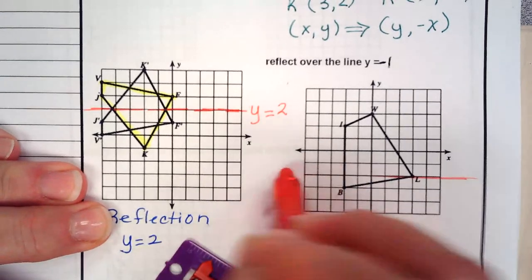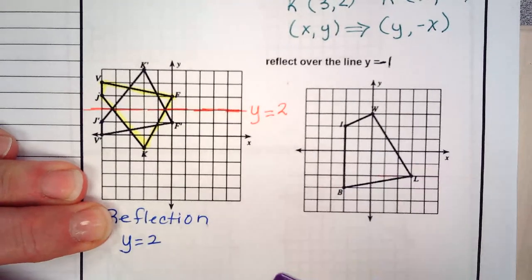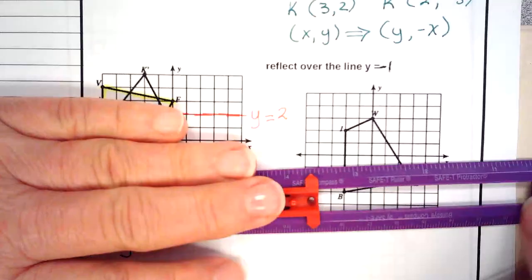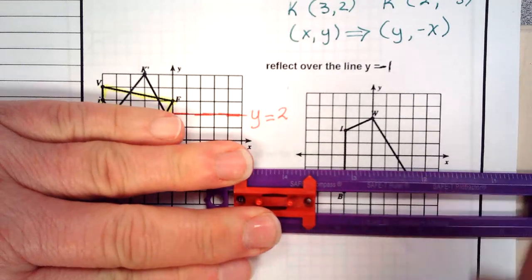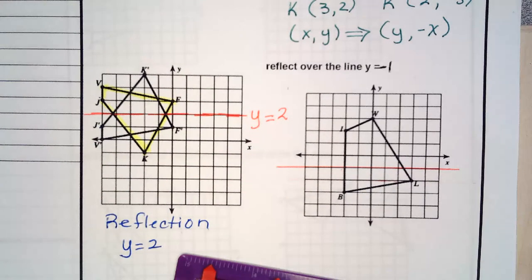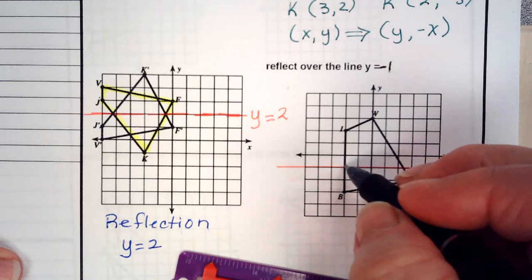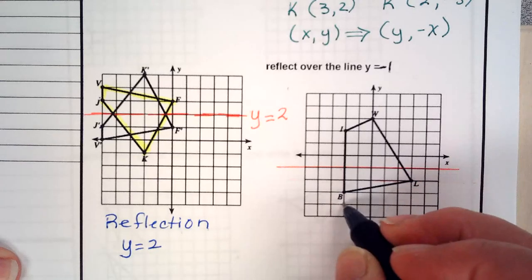Our new line of reflection, and now we can count. Okay, this is 1, 2, 3. So I go down 1, 2, 3.